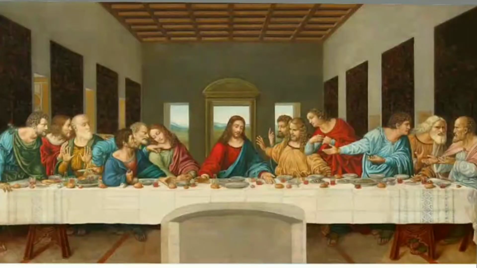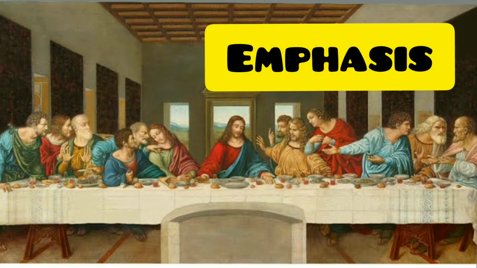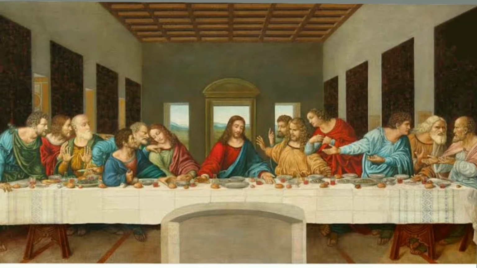As we have understood the concept of balance, let us now go through another principle of art which is known as emphasis. Emphasis in this particular painting is definitely on Jesus Christ. Now let us understand what emphasis exactly means. It means a point of attraction.